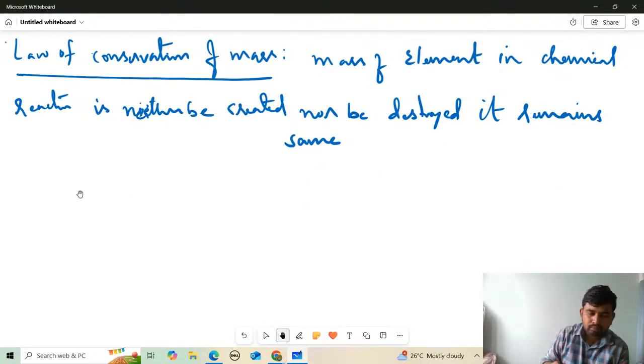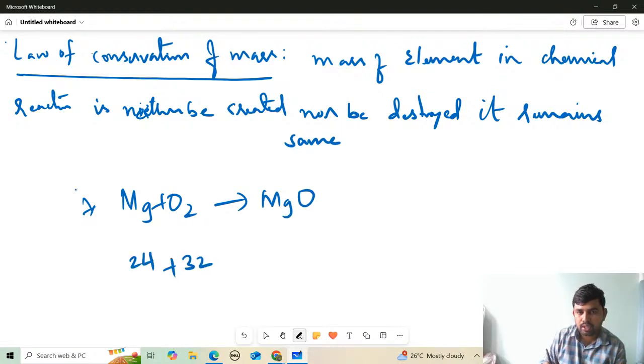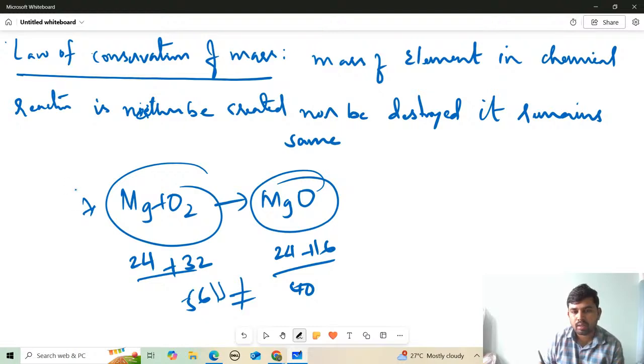Now see, as we discussed, magnesium and oxygen give magnesium oxide, and here we got 24 plus 32, which is 56, and 24 plus 16, which is 40. These are called reactants and these are called products. The mass of the reactants is 56 unified mass and the mass of the products is 40 unified mass, where both are not the same.